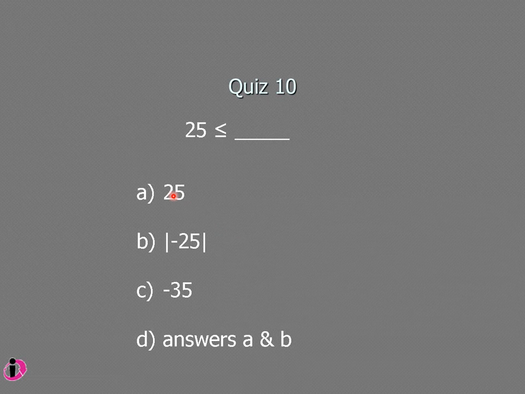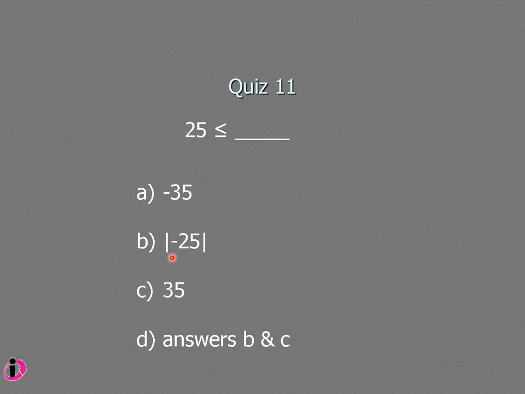That is true, because whenever I say less than or equal, as long as they are equal, I can write it. 25 is equal to 25, right? So that's true. And then B is also true because you are taking the absolute value of negative 25, and the absolute value of negative 25 is nothing but 25. So both of these are basically 25. A and B. So the right choice is D.